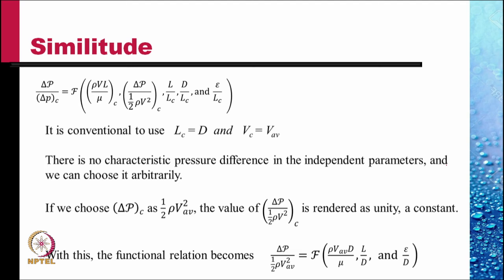If we treat delta P as dependent parameter, then the functional relation becomes delta P divided by 1/2 rho V average square is a function of Reynolds number, L by D and epsilon by D.